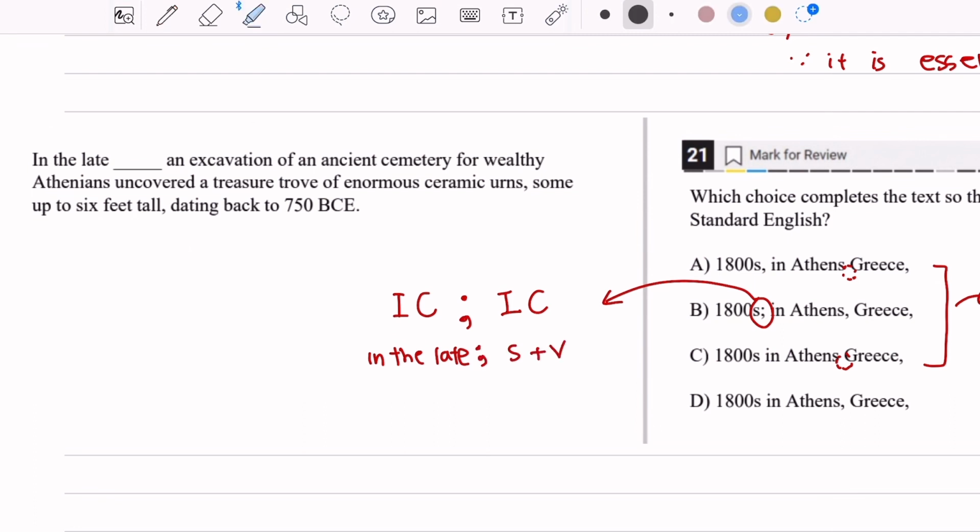So this one doesn't make sense, right? So it would be in the late 1800s in Athens, Greece. So D would be the answer.